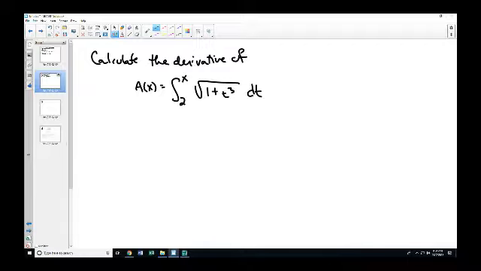So, what's the derivative there? Root 1 plus t cubed. Root 1 plus t cubed. Not x cubed. There you go.